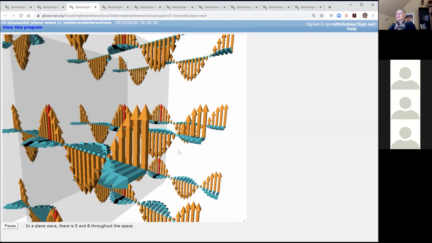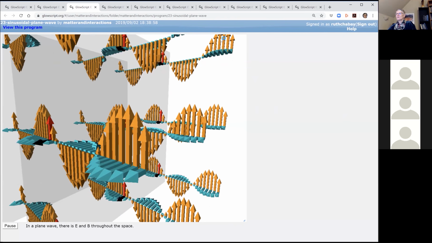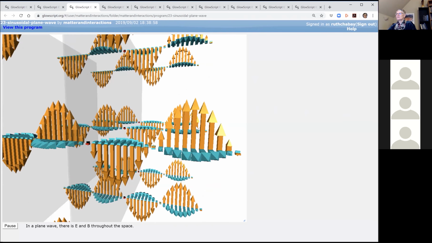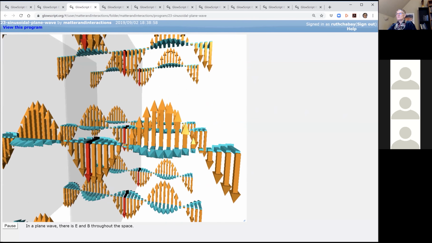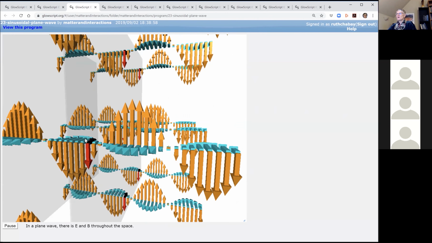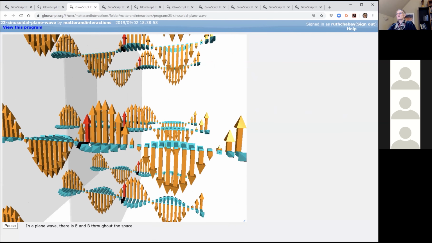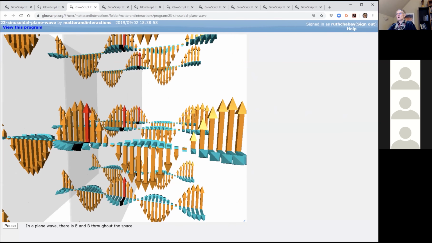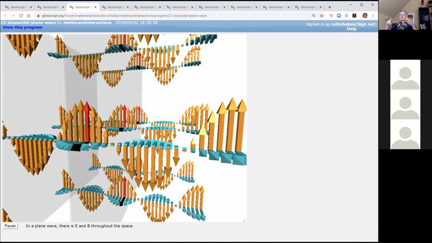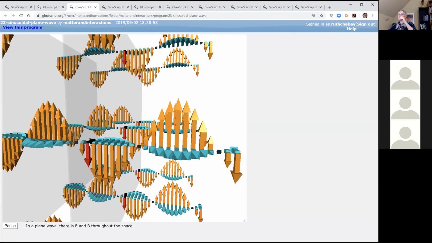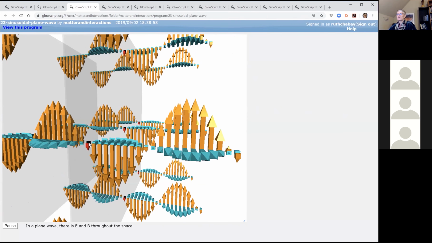There's a red arrow. So you can see that there's variations in both space and in time here. But if you look at just the red arrow, we've got this one observer, and an observer standing here would see a sinusoidally oscillating electric field. It oscillates up and then down and up and then down. The magnetic field also oscillates back and forth, back and forth.